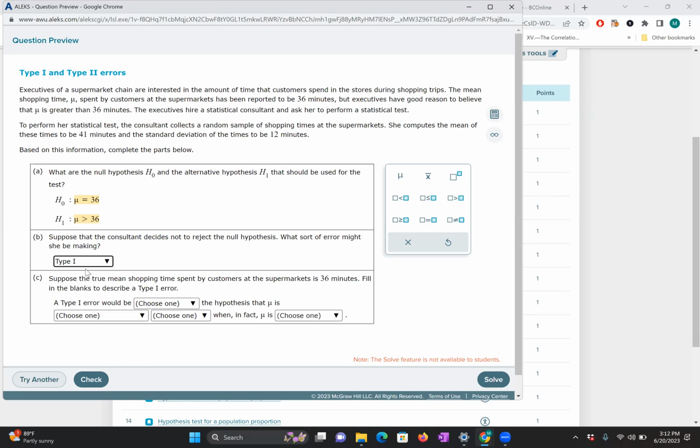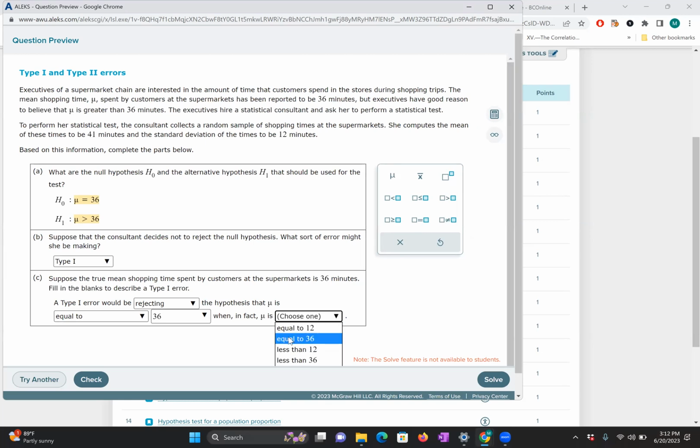Let's go with type 1. And suppose that the shopping time spent by customers at the supermarket is 36 minutes. So a type 1 error would be rejecting the hypothesis that mu is equal to 36 minutes, when in fact mu is equal to 36 minutes.